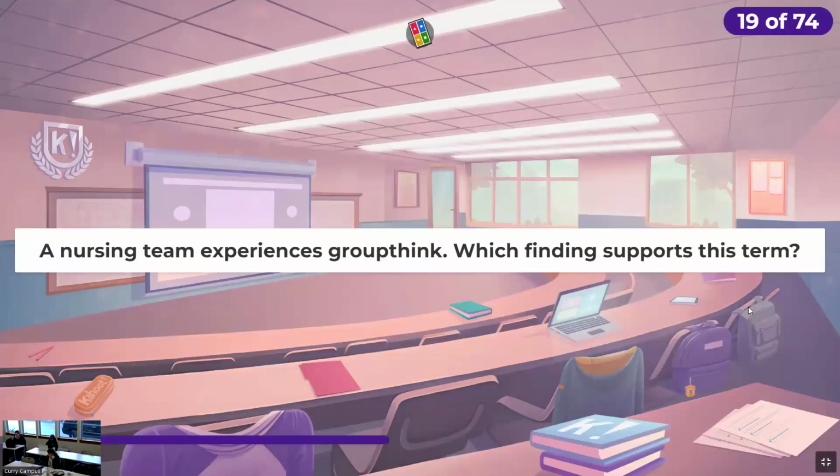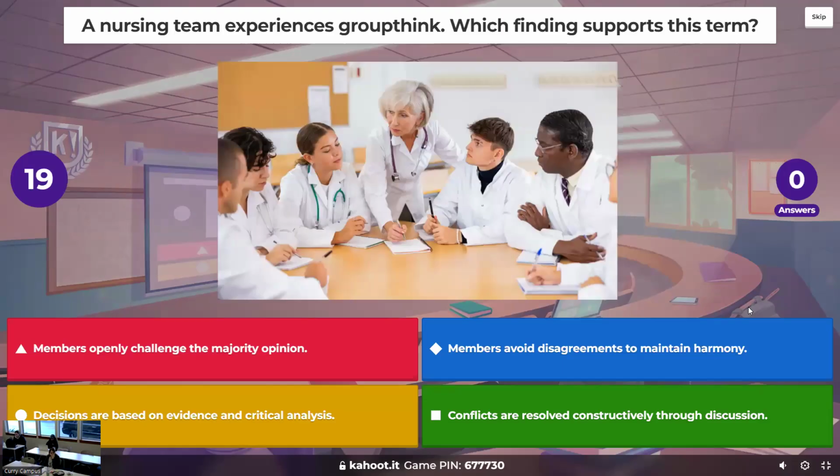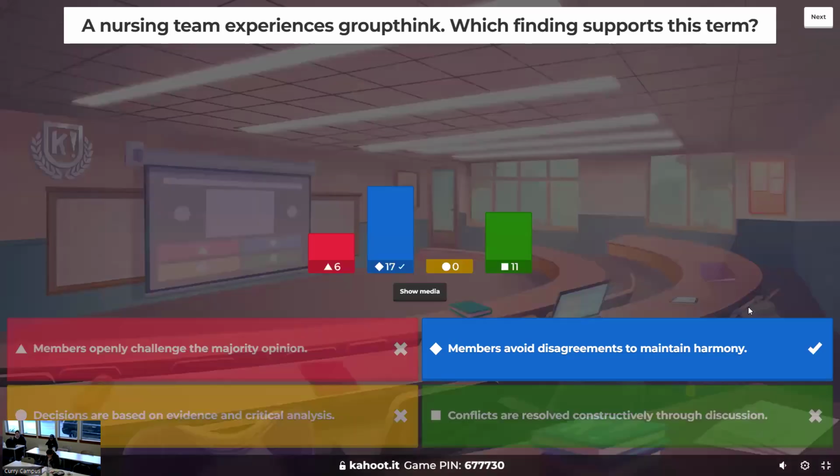A nursing team experiences groupthink. Which findings support this term? Members avoid disagreements to maintain harmony.